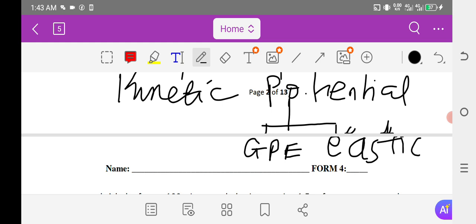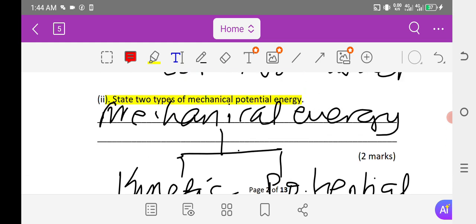Elastic potential energy is also known as strain energy. All right, so the question here is asking us for mechanical potential energy, two types.